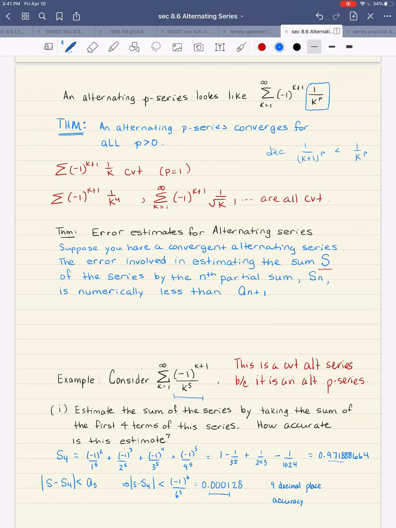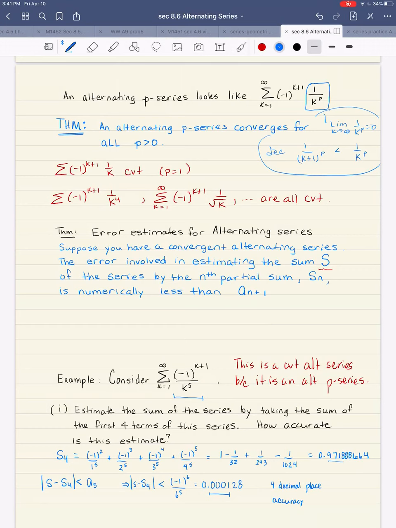So it is decreasing, and we know the limit goes to 0. So every single alternating p-series in the world will converge.